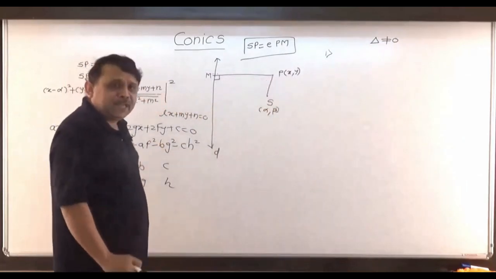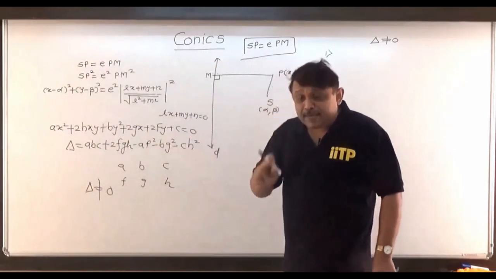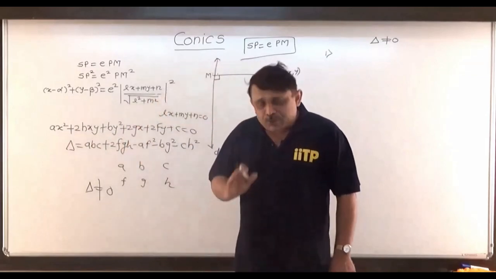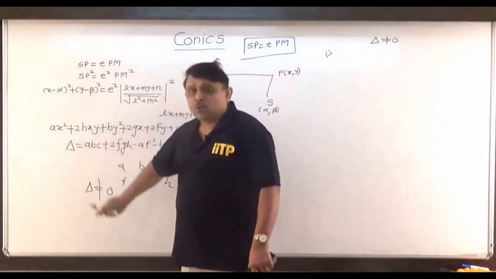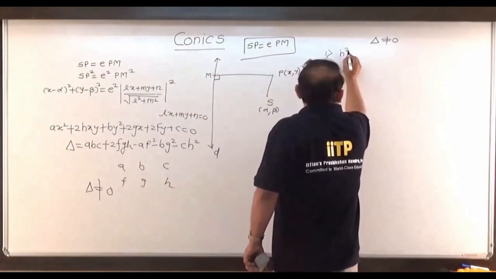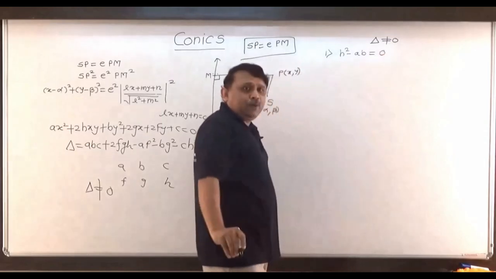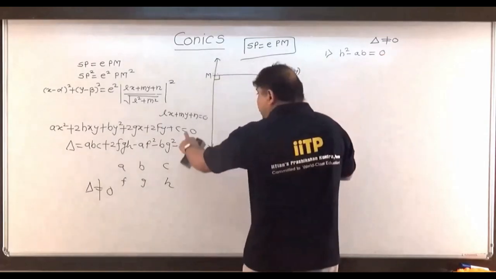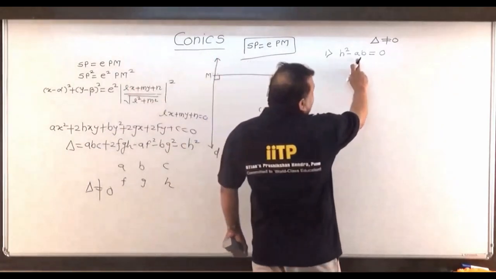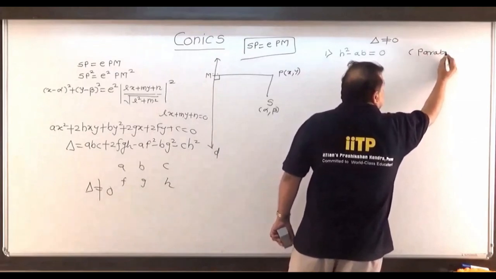We have seen in circle that the general second degree equation in x and y represents a circle if the coefficient of x square and the coefficient of y square are the same, and the product term xy is absent. Now if I find the factor h square minus ab, and if this comes out to be 0, then this equation will represent a parabola. So h square minus ab equal to 0 is the condition of parabola.